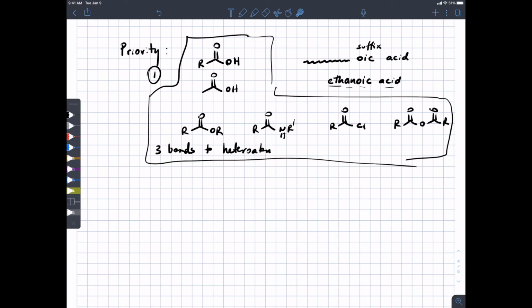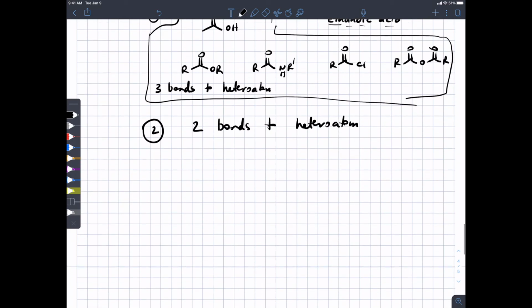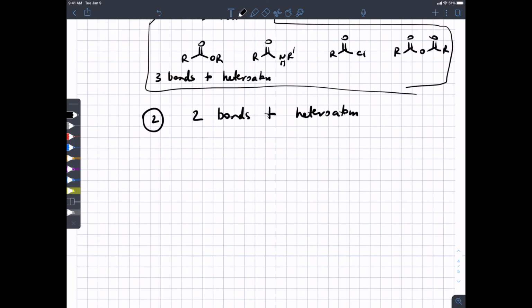The second priority group is sort of 2 bonds to a heteroatom. By heteroatom, I mean anything not carbon or hydrogen. As an example, you've got the ketones. And this is where the use of R groups is tricky, because for ketones, they really do have to be hydrocarbons here, though not necessarily what I've drawn.